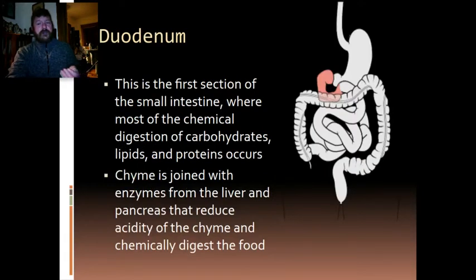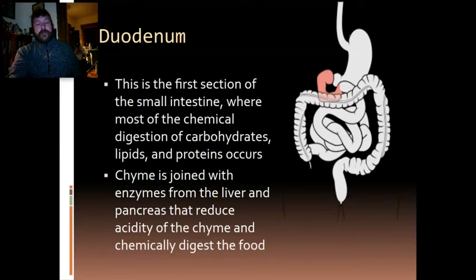The first section of the small intestine, the duodenum, is a place where lots of other enzymes are added. It comes right out of the stomach, and you see a lot of digestion of carbohydrates, lipids, and proteins here.